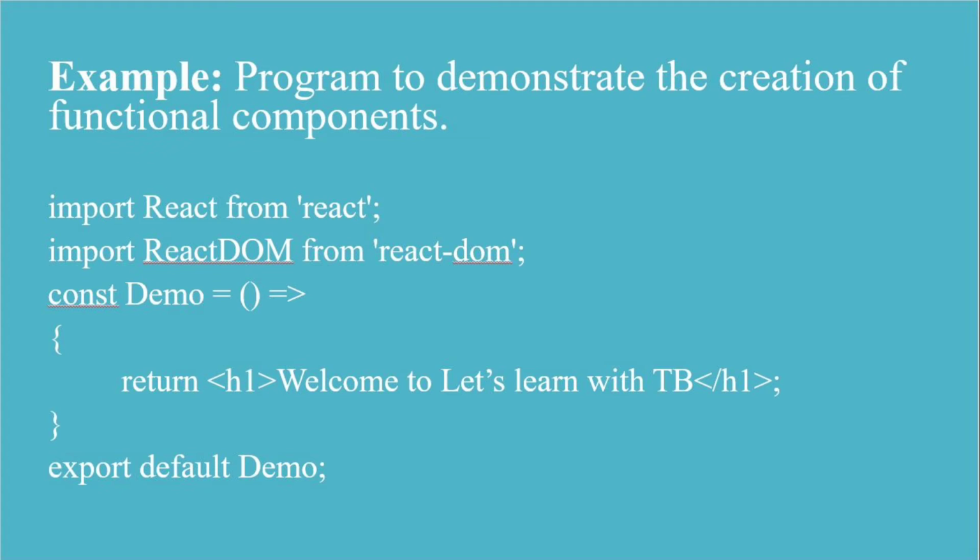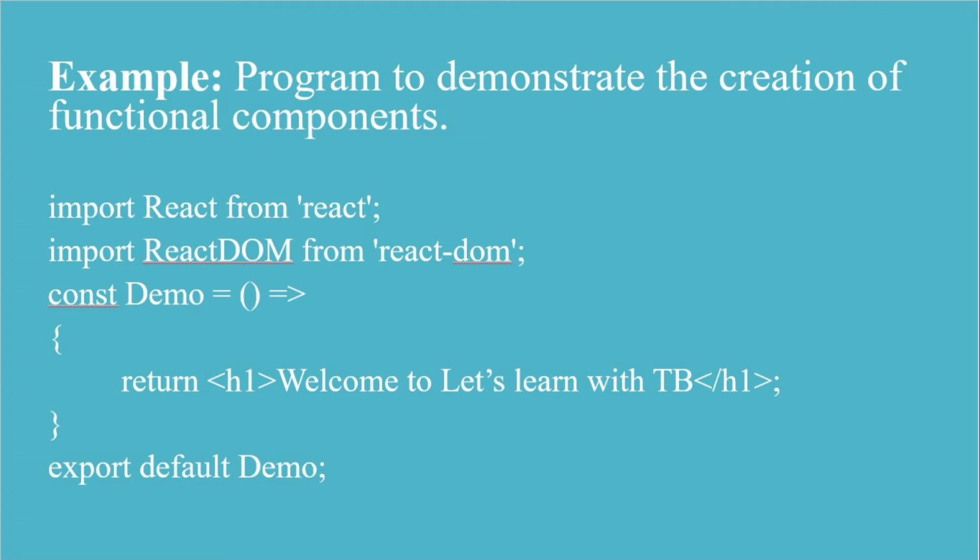First of all, I have imported React from the React library, and I also imported ReactDOM from the ReactDOM library. After importing, I have created my function, demo, with the type constant, and it's returning the h1 tag. This is the header tag, the HTML tag we are using here.